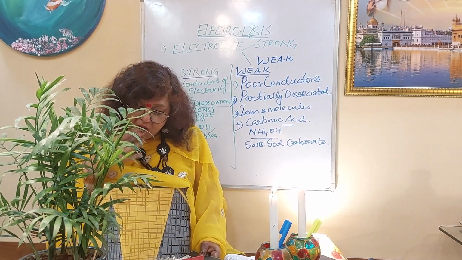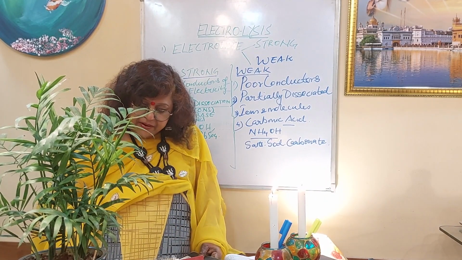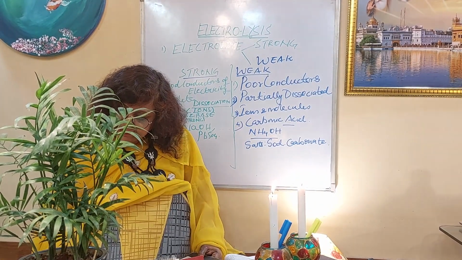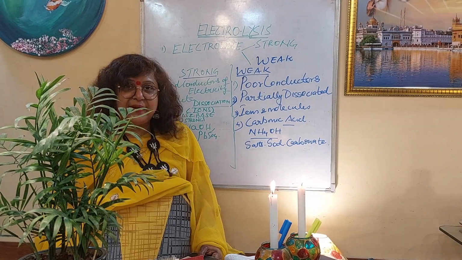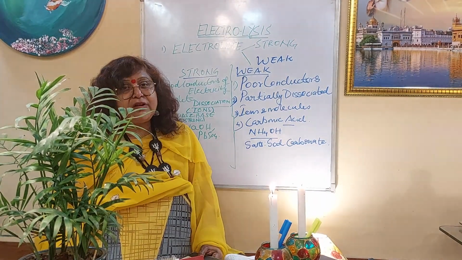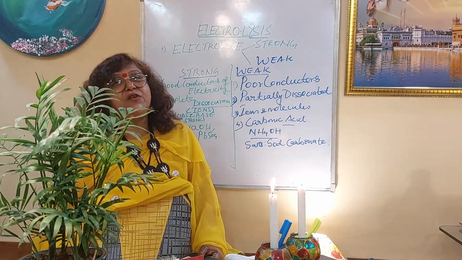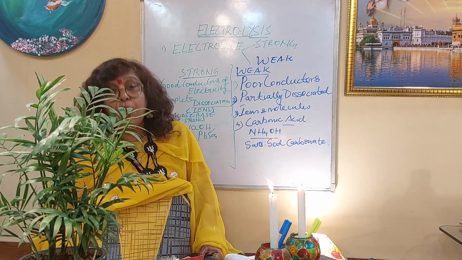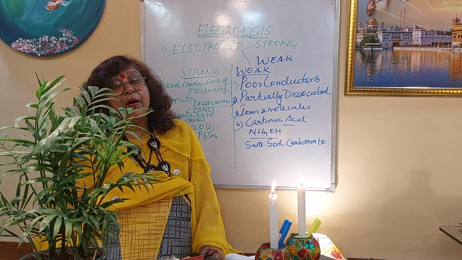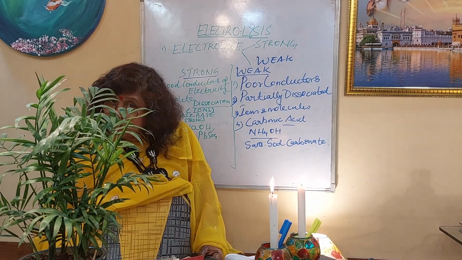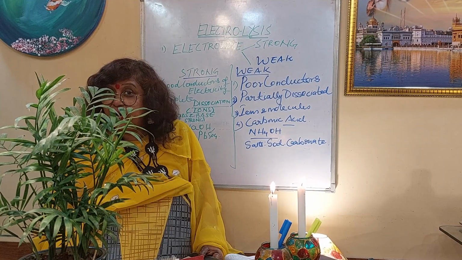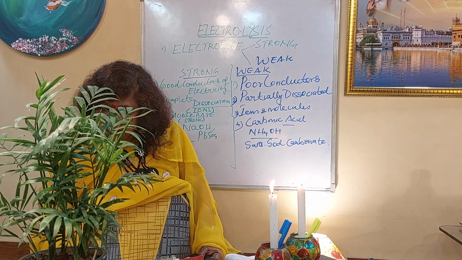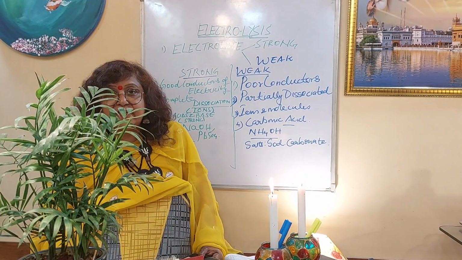Or, if I want to tell you another complete definition, you can also write it as: electrolysis is the decomposition of a chemical compound by the passage of electricity through its aqueous solution or its molten (or fused) state. Aqueous solution or molten state, not in solid state. Okay, and during electrolysis a change is brought about in the compound with the help of electrical energy.